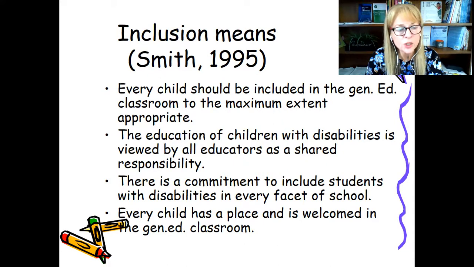Support services such as physical therapy, occupational therapy, and speech and language therapy should be given in the regular ed classroom, called integrating services. This is frequently done in early childhood special ed classrooms.